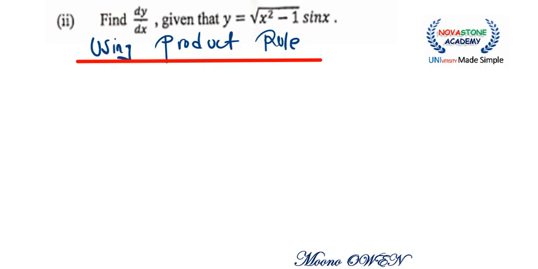Okay, so what are we going to do now? You know that when you're using the product rule, dy/dx, this is just differentiating y with respect to x. That's what it means.